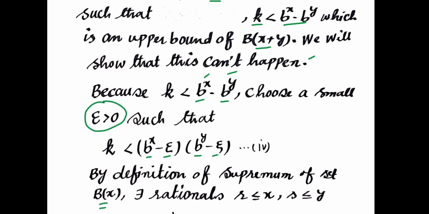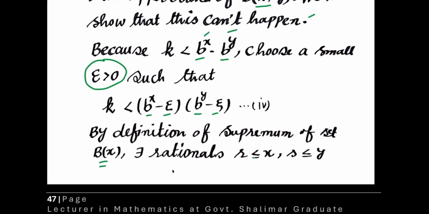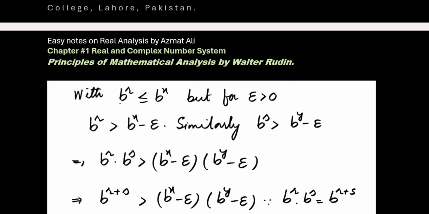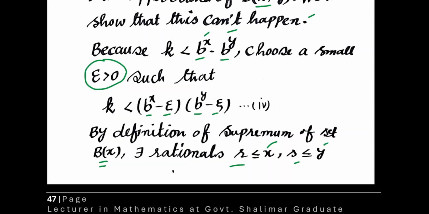By the definition of supremum of this set, what is the definition? This definition says that if r and s are any two rational numbers such that they are less than or equal to some real numbers x and y, with b raised to power r less than b raised to power x, then the supremum of b of x is equal to b raised to power x.